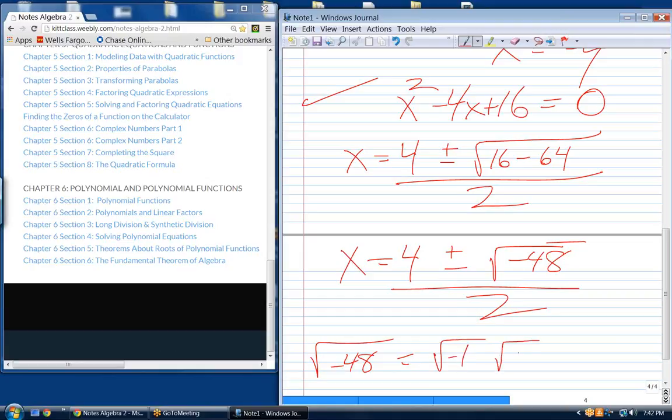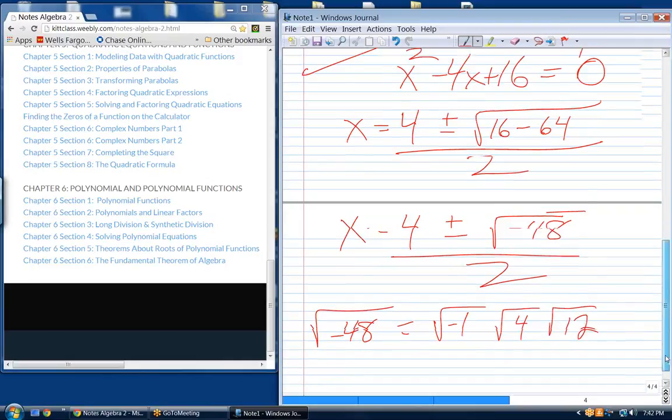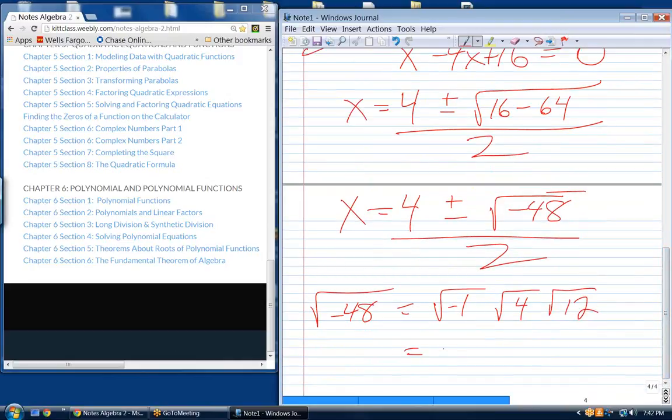It's not going to be the final answer, but you don't have to get the final answer in the first start. So this becomes i, this becomes 2, and root 12, how can I split it up? 3 and 4. Root 4 times root 3.